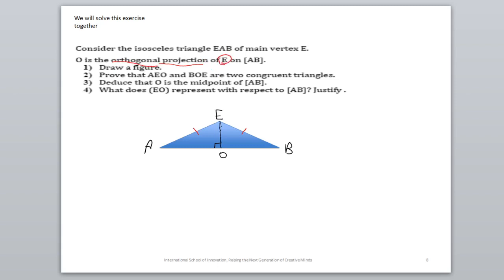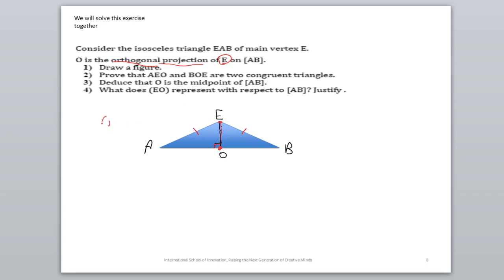From E, you draw an orthogonal projection to AB. It means you should draw a perpendicular. So we draw a side here perpendicular to AB, and this is O. So O is the orthogonal projection of E on AB.